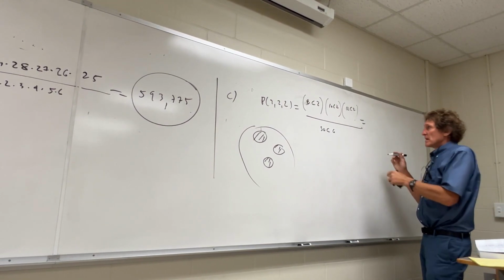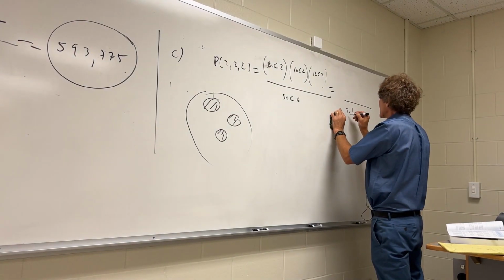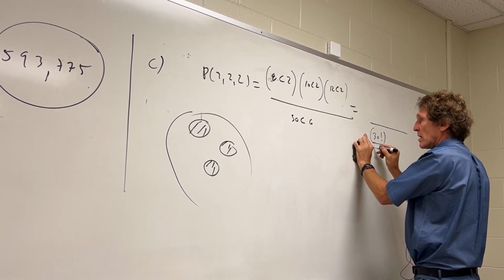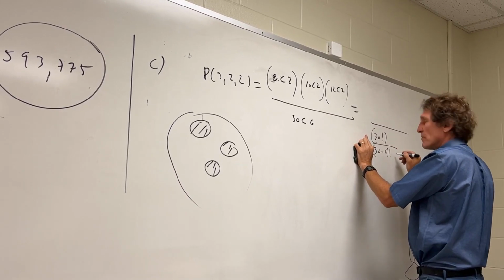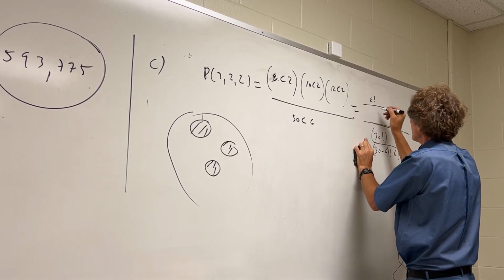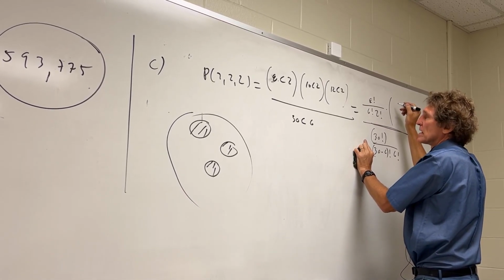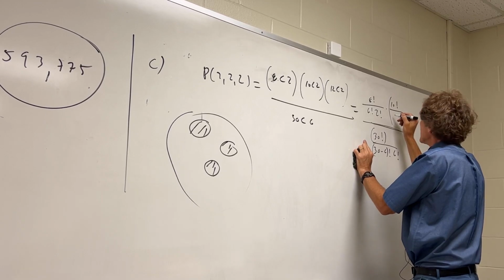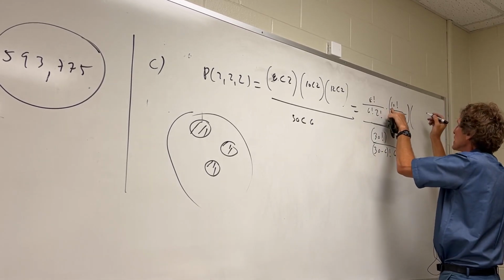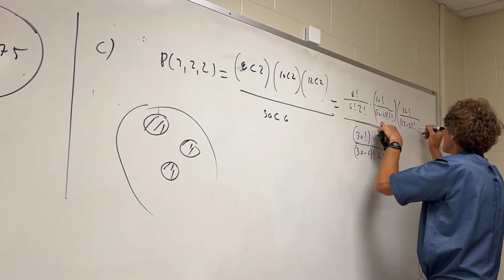I'm sorry about that. When I do this, over here I get 30 factorial, this is going to be a strange number, over 30 minus 6 factorial over 6 factorial. Then on top, I get 8 factorial over 6 factorial, 2 factorial, times 10 factorial over 10 minus 2 factorial, 2 factorial, and then 12 factorial over 12 minus 2 factorial, 2 factorial.